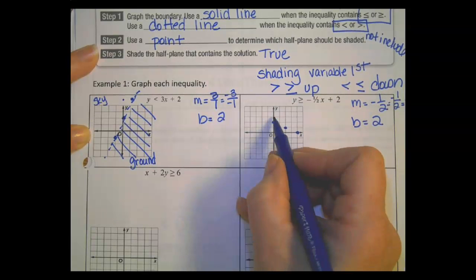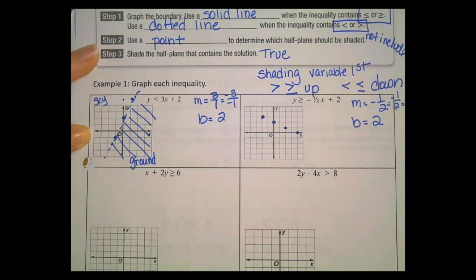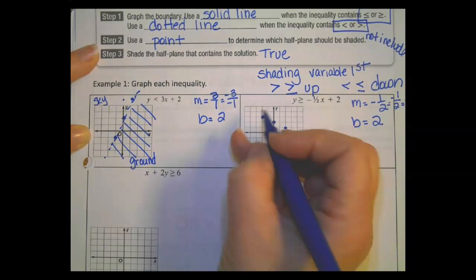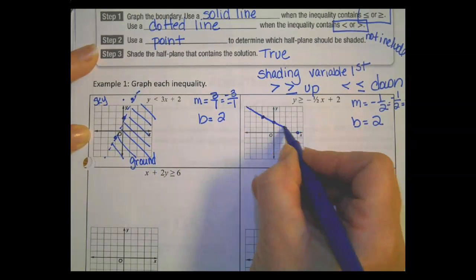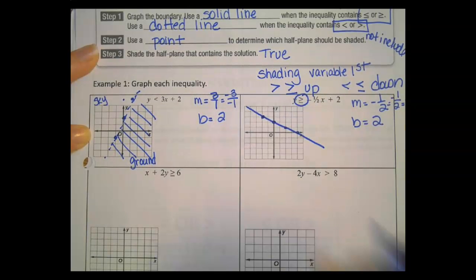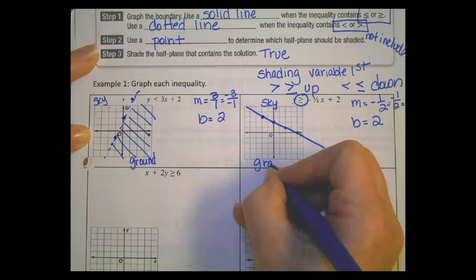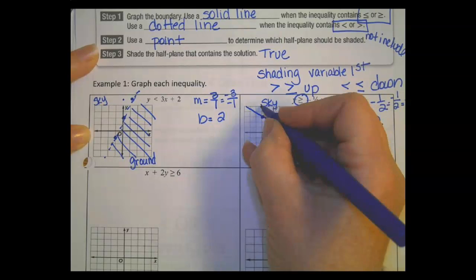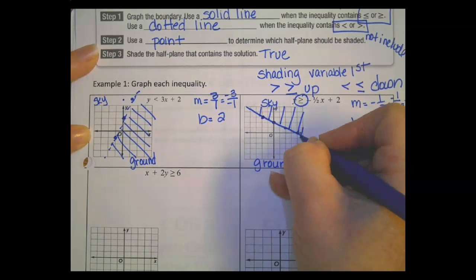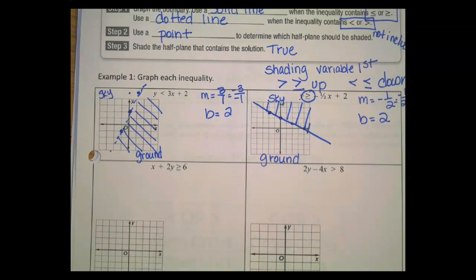So I could go up 1 over to left 2, and I'd still be in that same spot. This time it's a solid line because of this inequality, and it says greater than. Where's my sky? Sky, ground. Greater than is going to be towards the sky. The shading part, I think, is going to be the most difficult on this. Okay, moving on to the next.